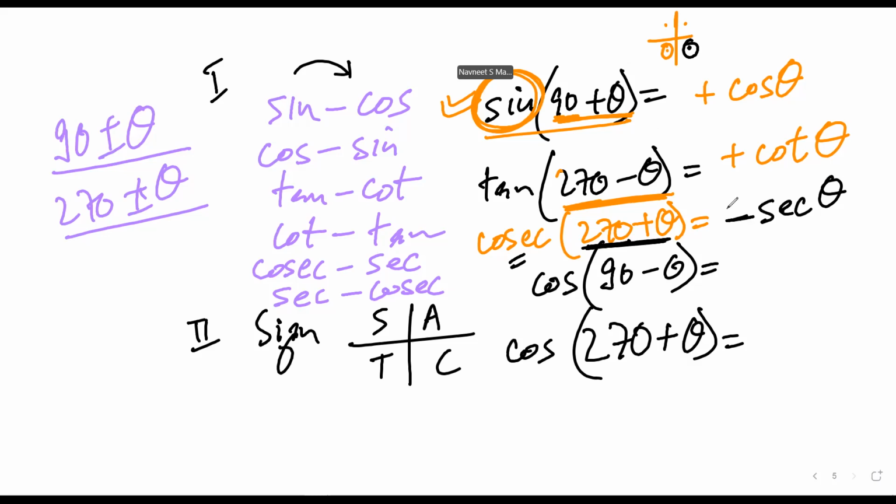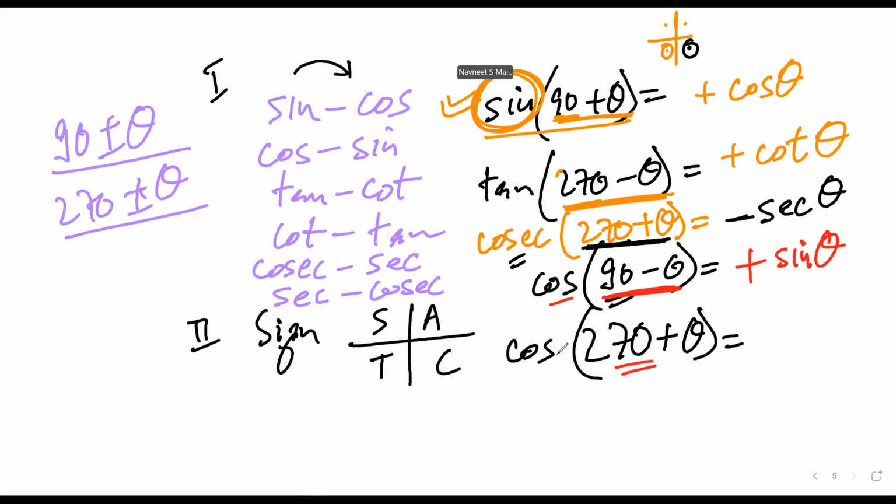Cos 90 minus theta. Because of 90, cos will change into sine. 90 minus theta is in the first quadrant, because theta is an acute angle. That is why this is plus sine theta. Is it making sense? Yeah. Now cos 270 plus theta.